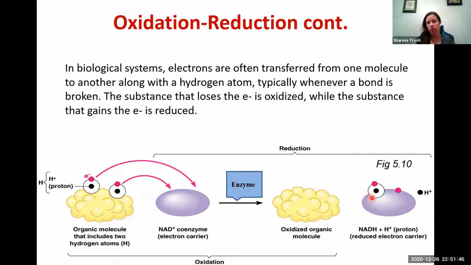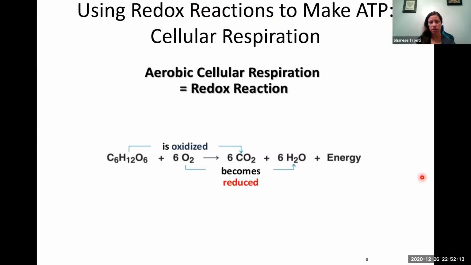We're going to get 1 complete hydrogen atom transferred, and then just 1 electron. So since we're actually gaining a net charge of 1 electron, that's why we say that it's reduced. And then the hydrogen proton is on its own. So those are oxidation reduction reactions.